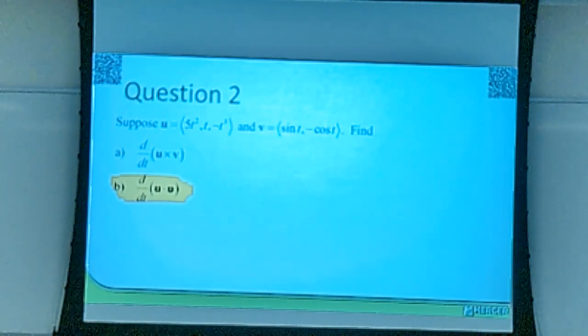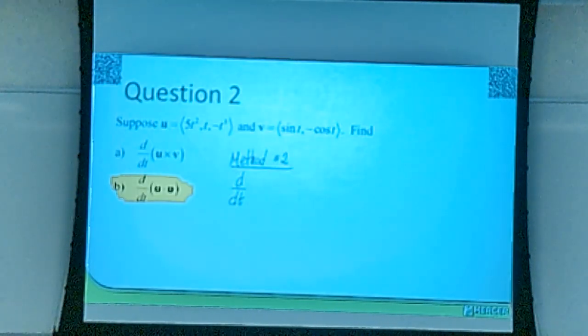Second method. Take the dot product. But what happens when you take a vector and dot it with itself? That's the cross product. Any vector crossed with itself would be 0.